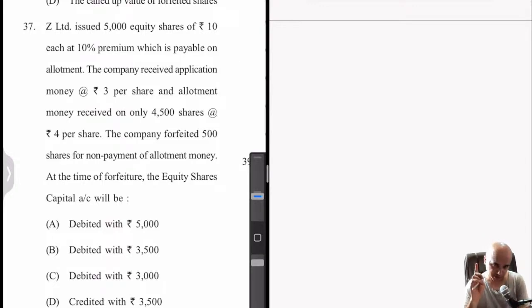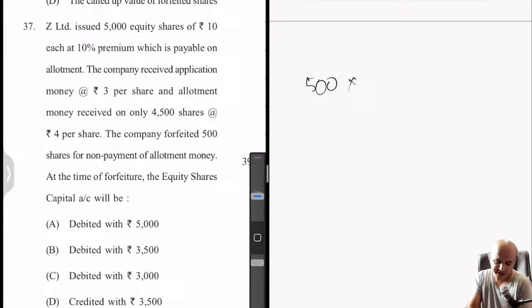Okay, so we know equity share capital account at the time of forfeiture will always be debited by the called up amount. We saw in the previous question. So now how much is called up? That is the question. So if you look at the called up part, to the extent of 500 shares, by the way, 500 into application called up, allotment called up.